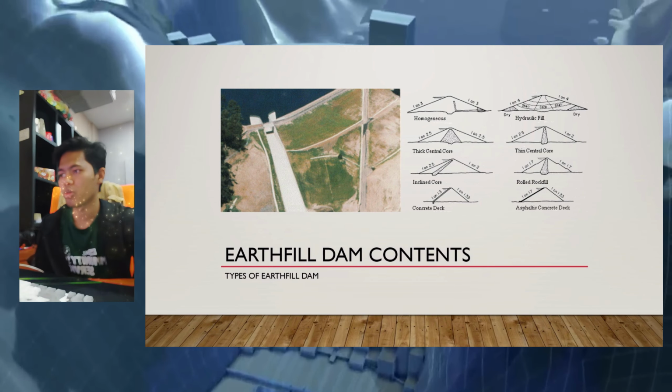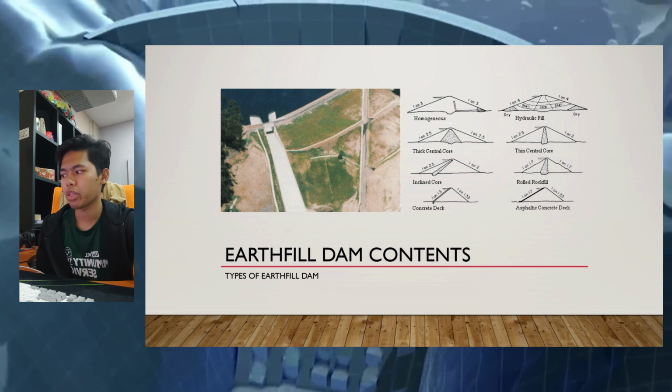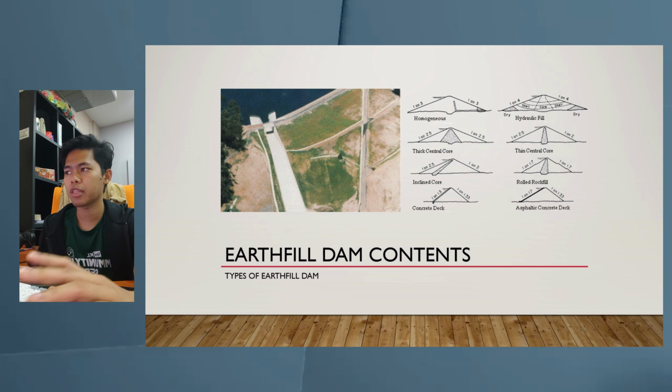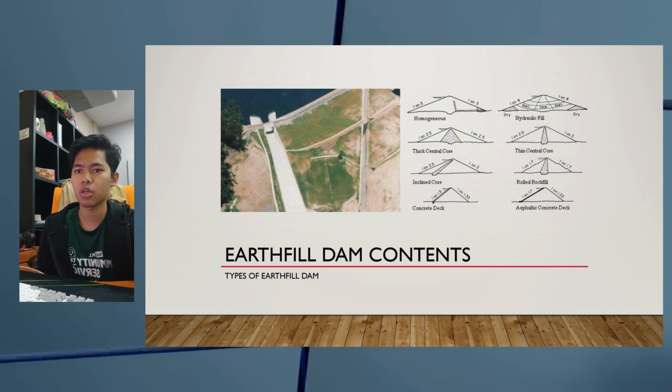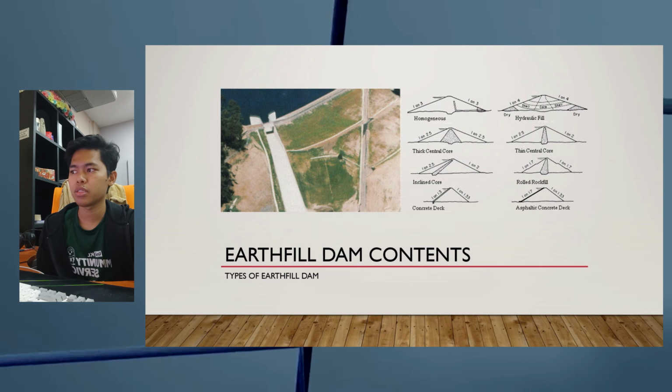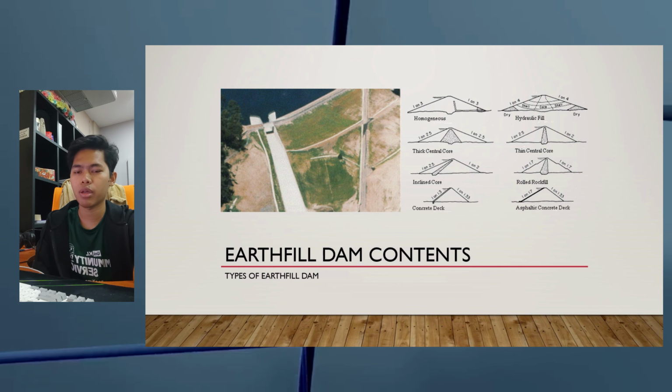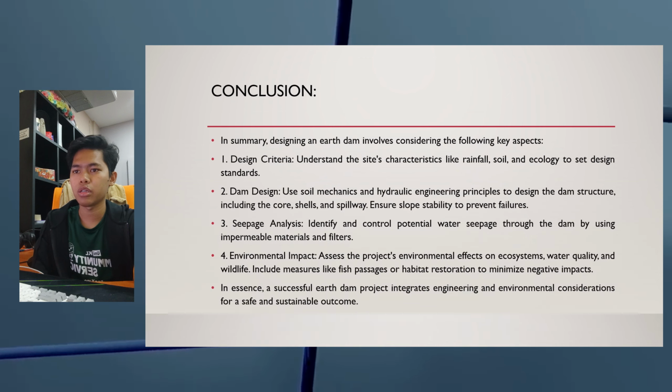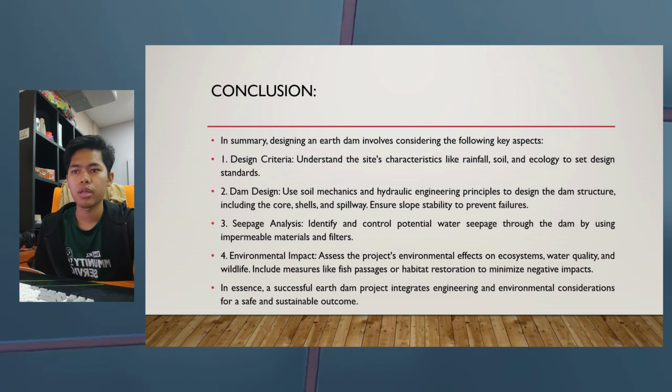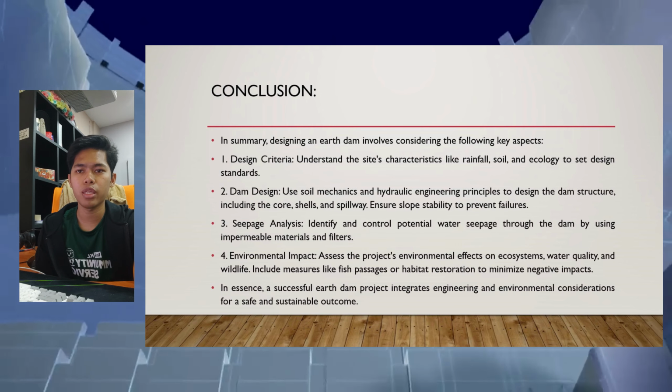So this is our earth fill dam content. These are the types that we have: homogeneous, thin central core, and inclined core. In summary, the design of a dam involves considering the following key aspects.